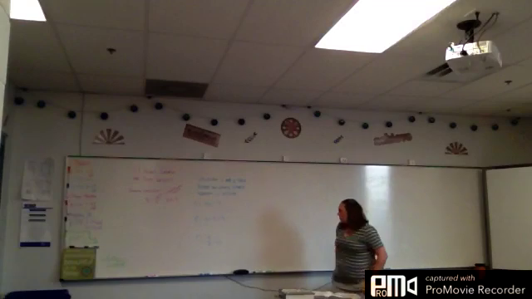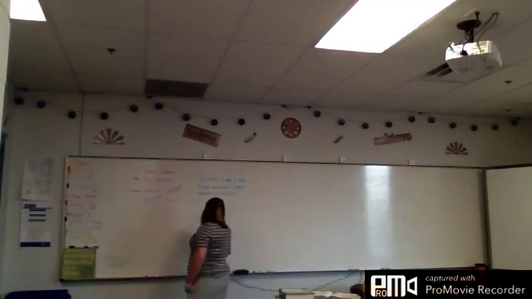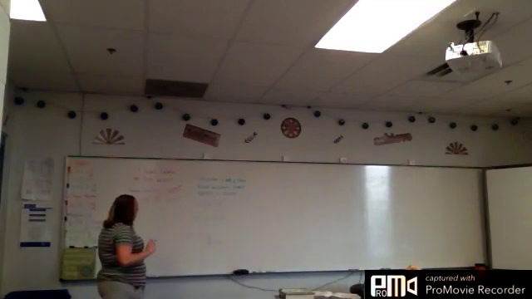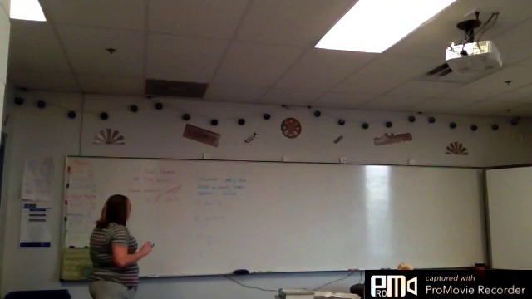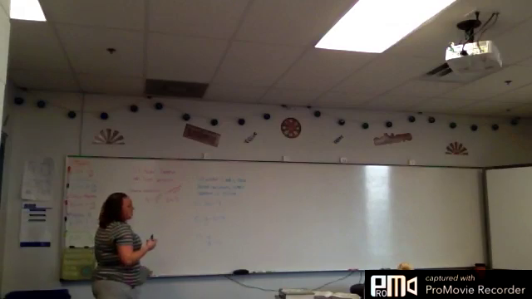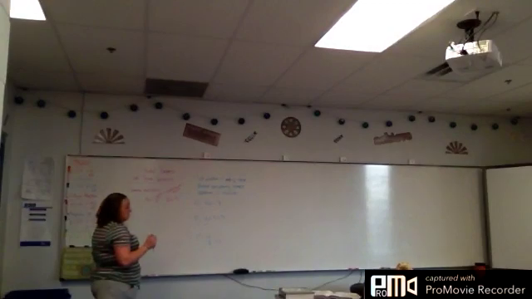So on this first one, what do I need to do to see if this is an inverse variation or a direct variation or neither? What do I need to do first? I always need to get the equations into what form? Anybody? What form do you need to get equations into?